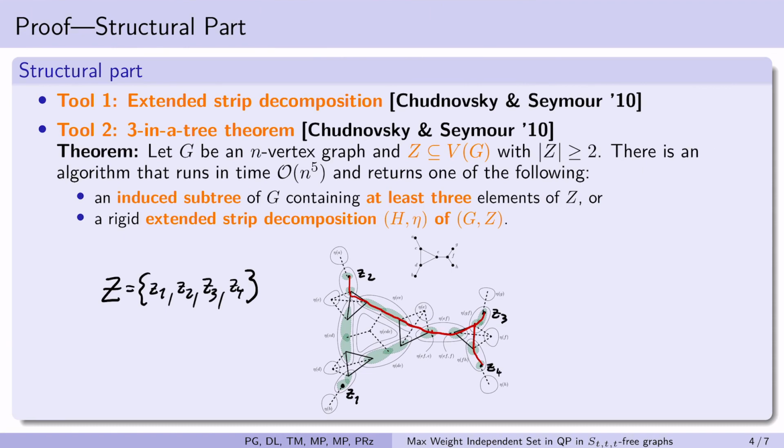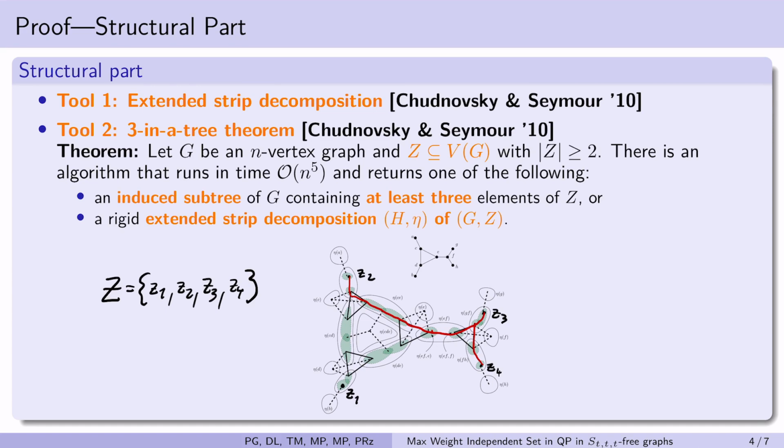We mapped all the vertices of G somewhere, we preserved all the edges inside one element of H, and we are happy. But actually, this extended strip decomposition is useful if we put some more restrictions on it. It was developed by Chudnovsky and Seymour for the three-in-a-tree theorem, and this is actually our second tool. So let me present the theorem.